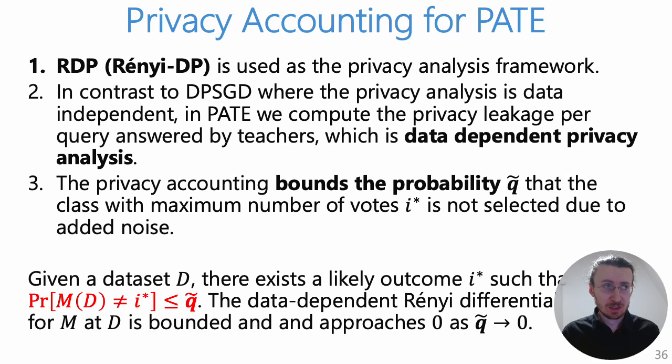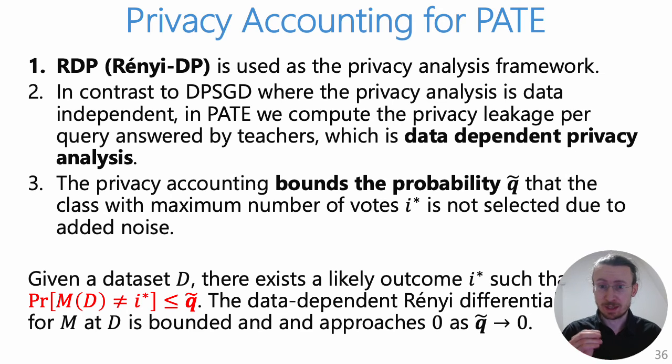So again, in the PATE framework, we have this public data, and then teachers, in a private manner, label these data points in a noisy manner, and for each of these queries, we separately account for the privacy leakage from the original training data, on which we train the teacher models. So for each query, we compute how much privacy this given query incurs from the private data.